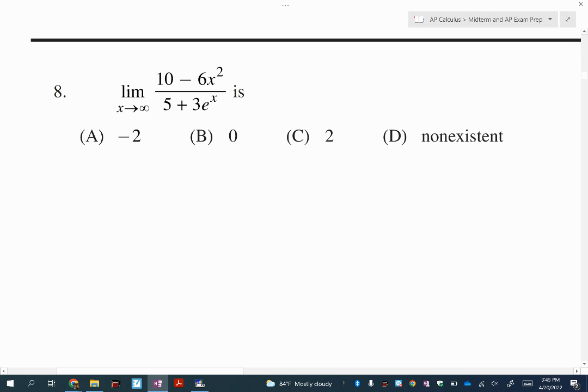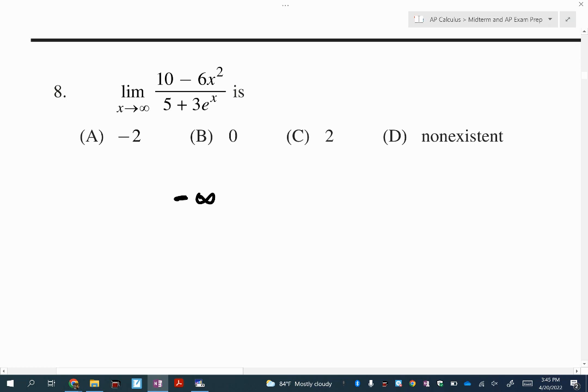Maybe 10 million, a very large number. Let's see what happens. Very large number, squared, getting larger. Times 6, still larger. 10 minus that. Boy, it's still a big number. It's going to be negative infinity, maybe?